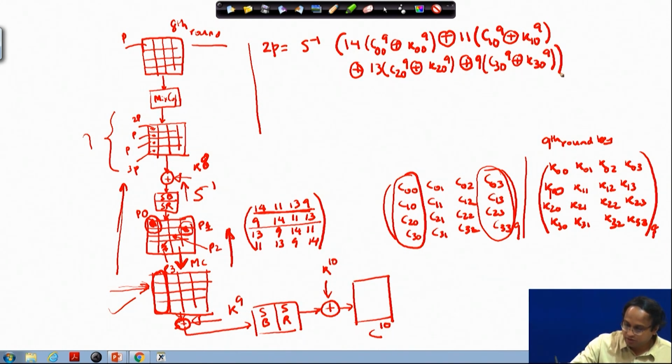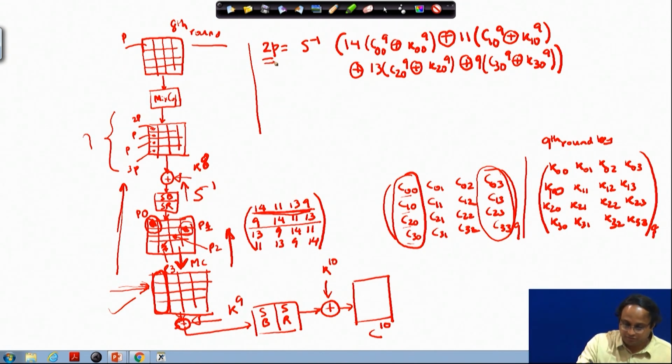Okay, so here you see that we have considered C00, C10, C20 and C30. So pretty much this column we have multiplied with this row of the inverse mix column matrix. And this is for the correct operation, right? These are all for the correct operation.